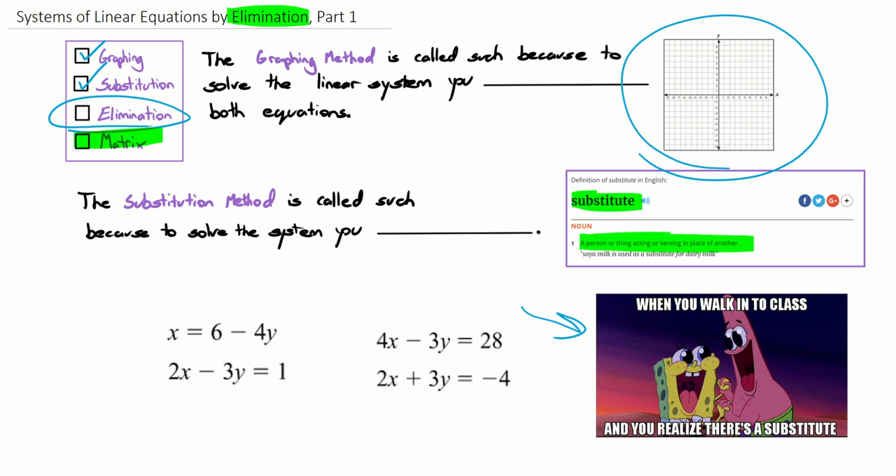All right, now, remember there are kind of 2 parts to the substitution method as well. The first part was when one of the variables was already isolated in the system right from the start, like this example here. Notice that x was already isolated, and we could just take the 6 minus 4y and pop it right there, after that 2 there, because that's what x is. It's 6 minus 4y, and then we'd solve accordingly for both variables.